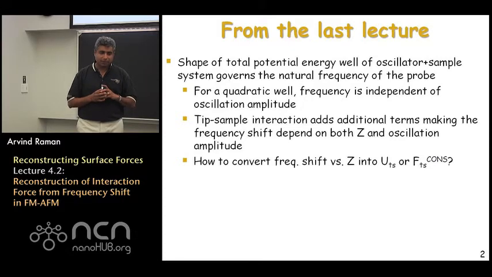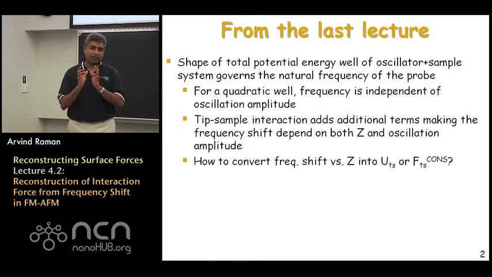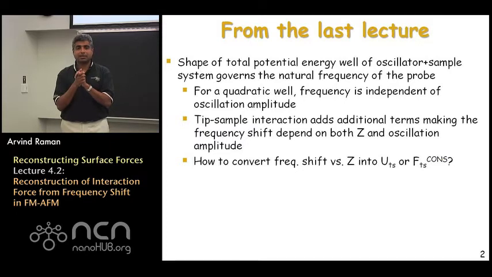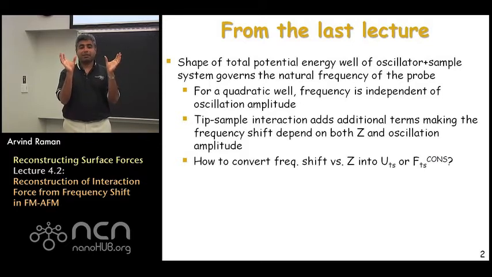The key things that we came to realize is that, left to itself, the cantilever oscillates in this quadratic potential well. It's isochronous motion, and the frequency is independent of the amplitude. However, when you add this quadratic potential well with the canonical negative, positive kind of potential energy connected with the tip-sample interactions, we find that the total potential energy landscape then depends on Z, the separation.